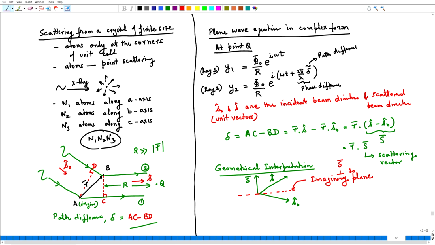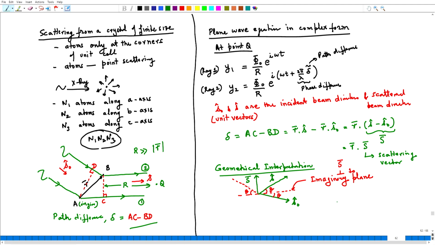Now, if you notice, this is my incoming radiation in the direction of S naught. It will make some angle theta here, and this angle will also be theta. So, it is as if there is a reflection taking place of X-rays from this imaginary plane. So, the imaginary plane becomes a kind of reflecting plane, but again there is no such process of reflection that occurs.